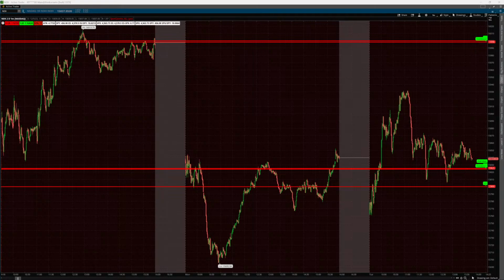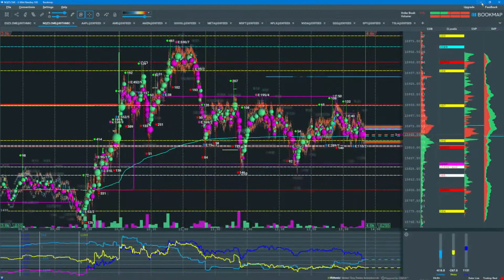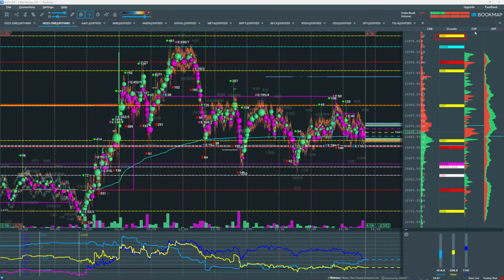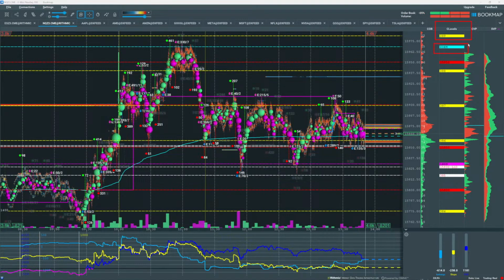All right, let's take a look at Bookmap now. So in Bookmap, just like the S&P 500 ES futures, I have my own cloud notes. So I can show QQQ levels, NDX levels, and other levels of interest like there's the upper daily expected move, lower weekly expected move, and then this cluster of levels.